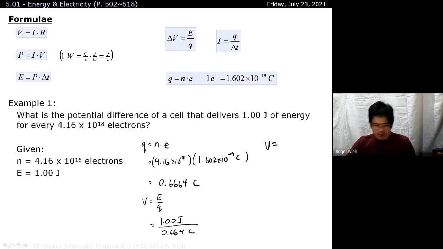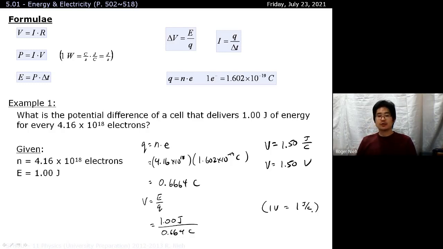So the voltage is equal to roughly 1.5 volts, or 1.5 joules per coulomb, and a joule per coulomb has the same exact meaning as 1.50 volts. If you recall, I already told you that 1 volt has the same meaning as 1 joule per coulomb. They're equivalent units.